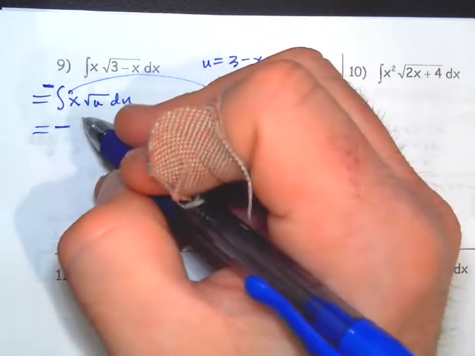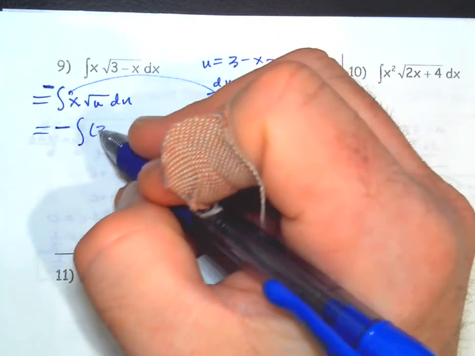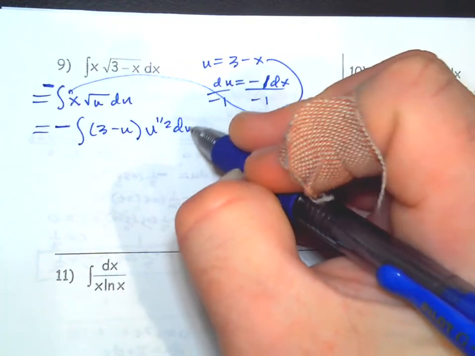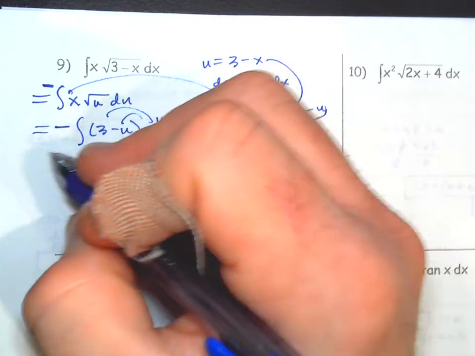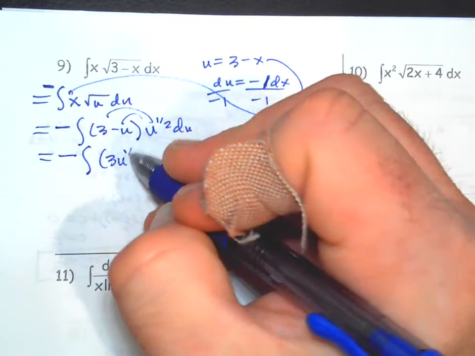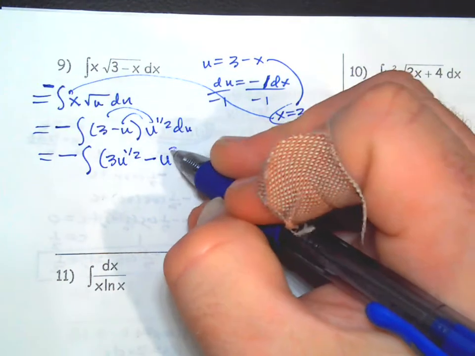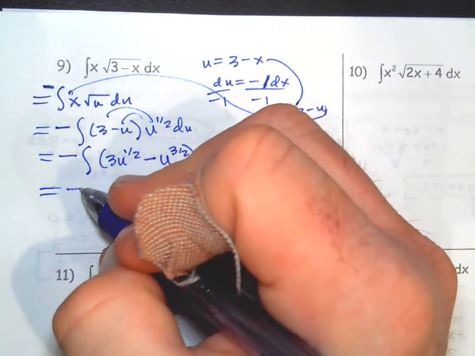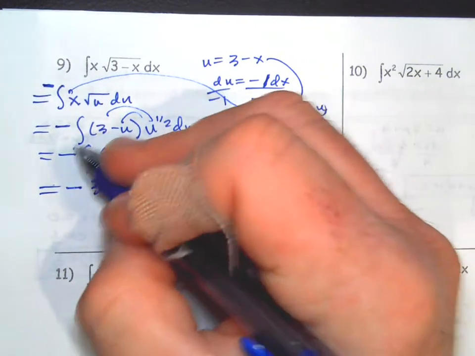Now, hopefully this works. So that's going to be 3 minus u in parentheses, and then you have u to the 1/2. And then what you could do is distribute this. So it'd be negative, you get 3u to the 1/2 minus u to the 3 halves, rules of exponents. So then when you integrate, it's going to be -3, yeah, distribute this negative, right?